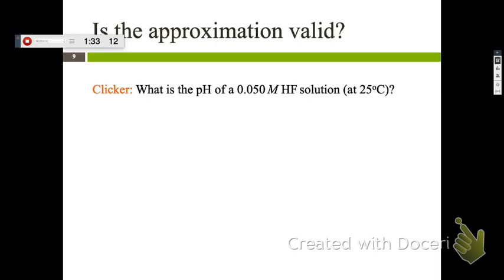All right, we're at 1:30. We're doing the approximation. What's the only thing that we're changing?